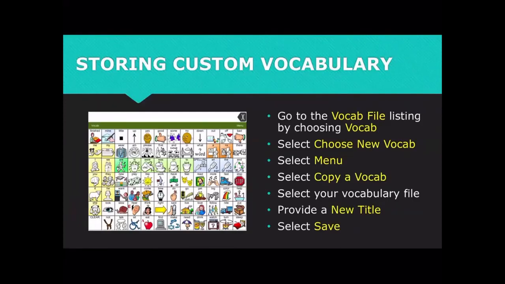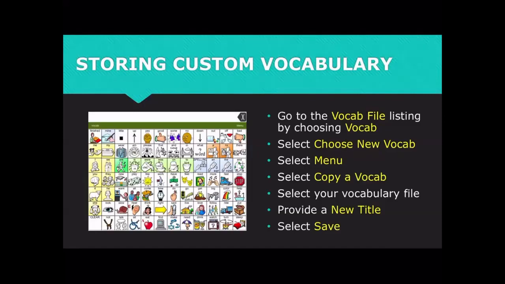On the right, there's a menu button in the header. Then we're going to select copy vocabulary, and then select the vocabulary file we want to copy. We're going to provide a new title and then select save. So let's give that a try.